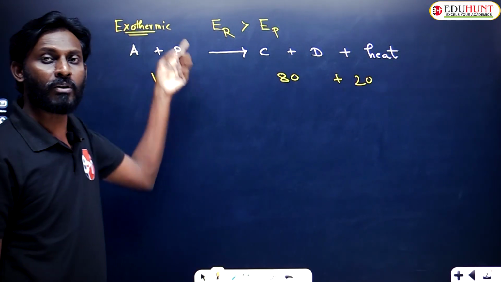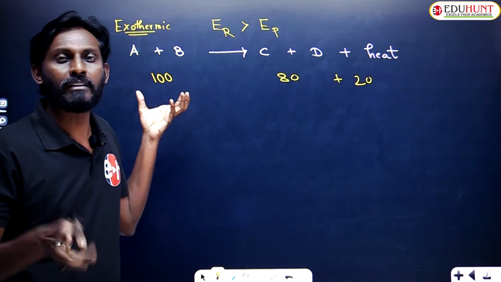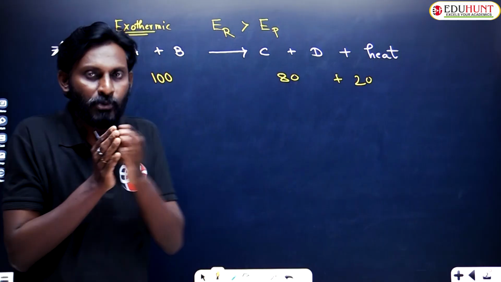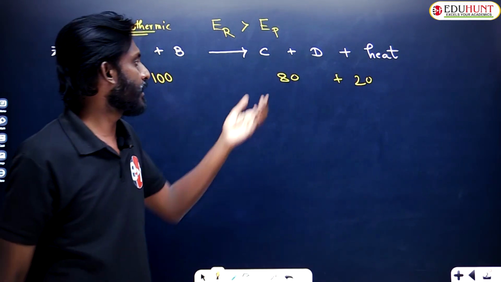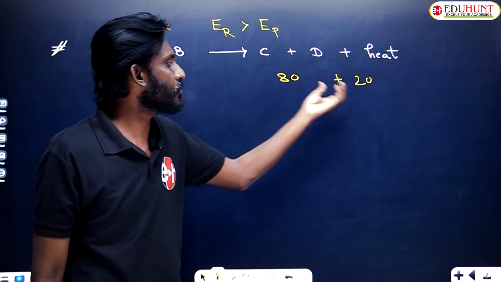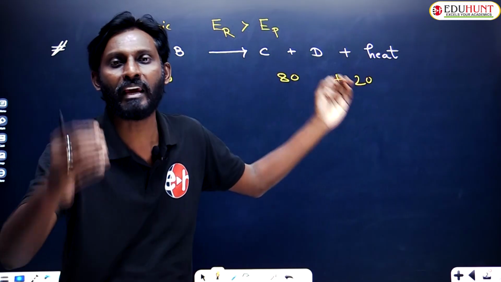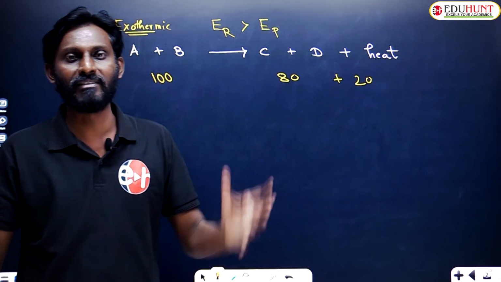Initially the total reactants have 100 units of energy. Now that 100 units of energy is distributed into two forms: 80 units of energy inside the products, and the remaining 20 units of energy released in the form of heat. Energy is conserved.